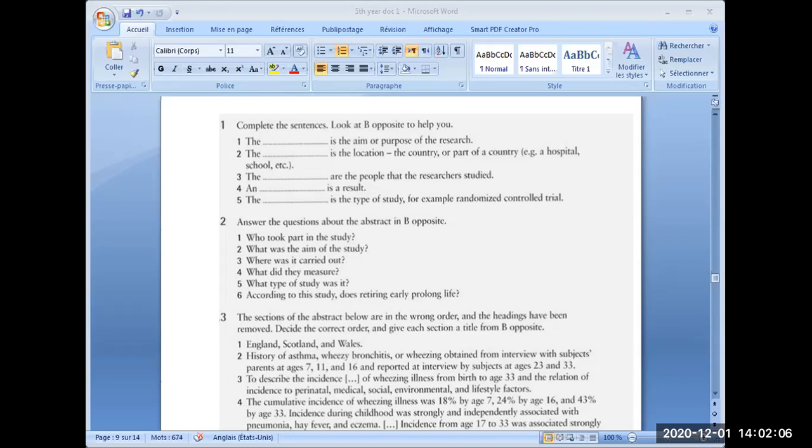Okay? So the patient should get plenty of rest, plenty of liquids, take medication to relieve the symptoms, and undergo a COVID test.